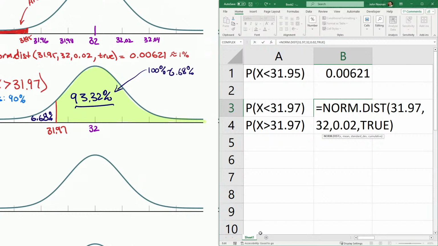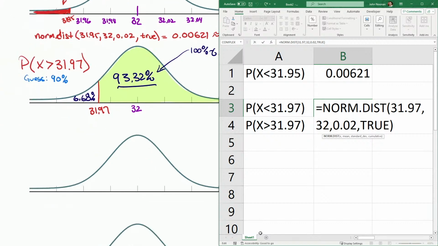It is possible to do this in a single step. I'll write it down over on the iPad. It would be 1 minus norm dot dist of 31.97, 32, 0.02, true. So you could do this all in one thing.